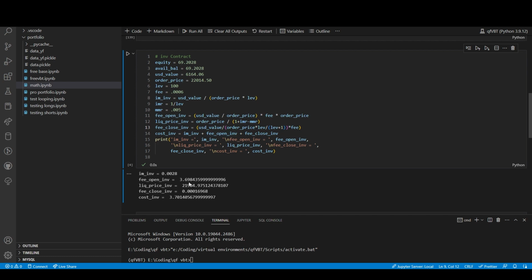Okay, liquidation price is right. Initial margin should be 61.